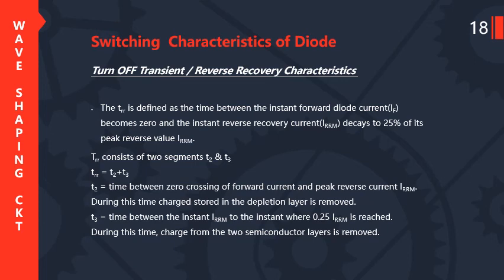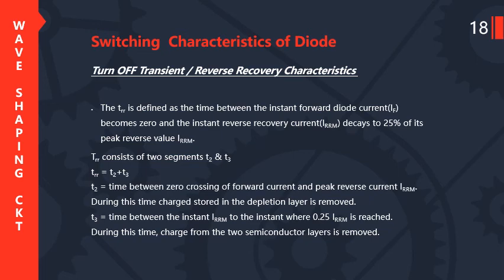TRR is equal to T2 plus T3. What is T2? T2 is the time between zero crossing of forward current and peak reverse current IRRM. During this time, charge stored in the depletion layer is removed.